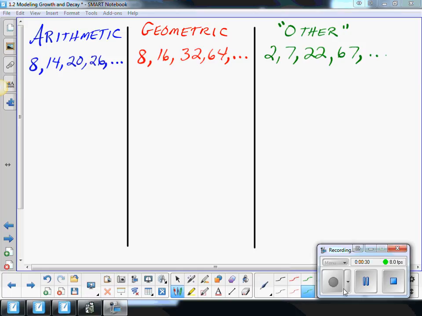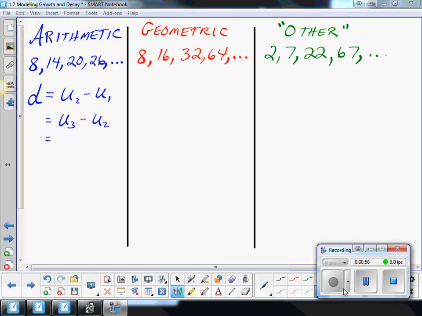Well, if you think something is arithmetic, the first thing you should do is to check for a common difference, which is D, okay? To have a common difference, you need to check term 2 minus term 1 and see what you get. Then see if the third term minus the second term is the same.